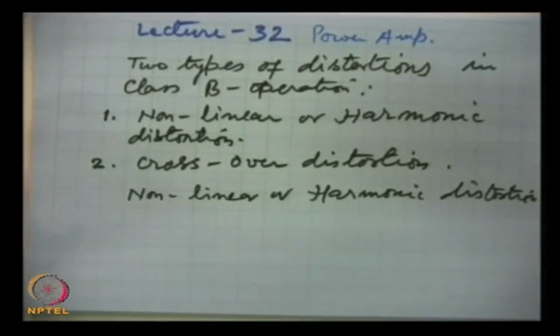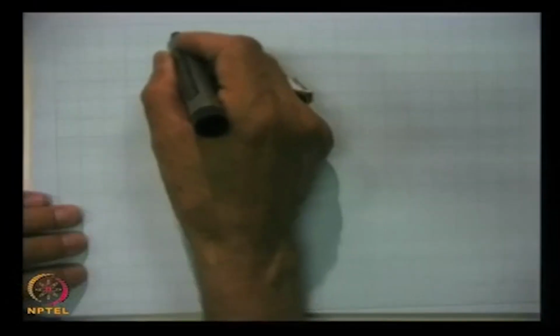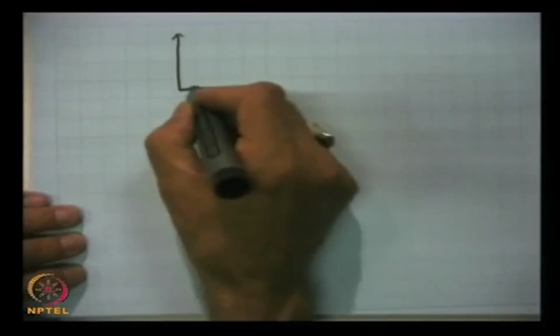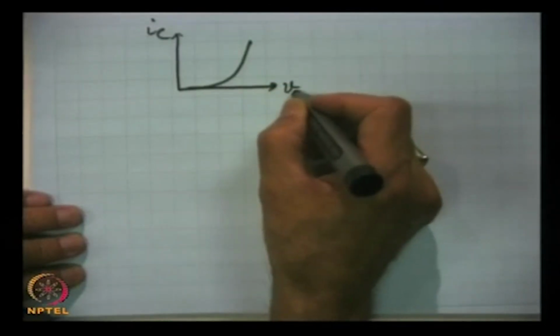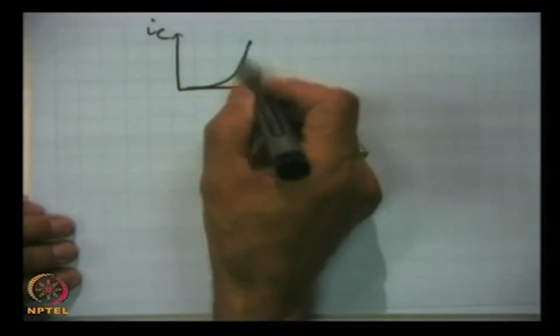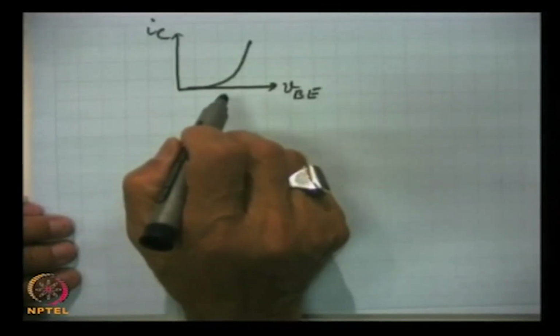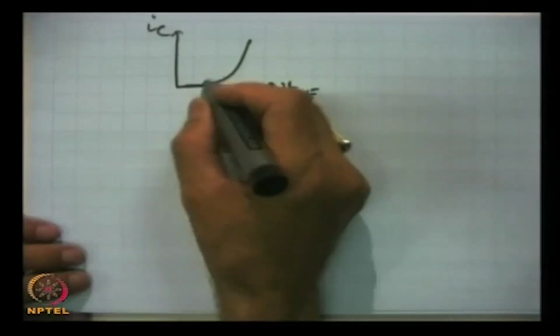We know that the current and voltage swings involved with the power amplifiers are large. Now, let us look at the transconductance curve, the dynamic transconductance curve. This is the output current and this is the input voltage. The whole region of these characteristics will be involved when the output current swing has to be high.